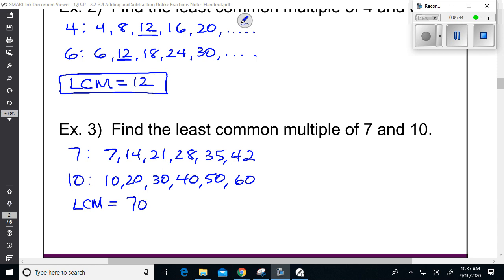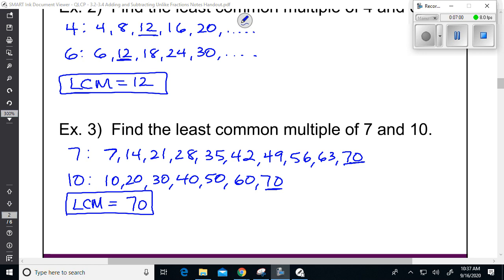If you don't, you have to keep going. 70. There you go. Least common multiple is 70.